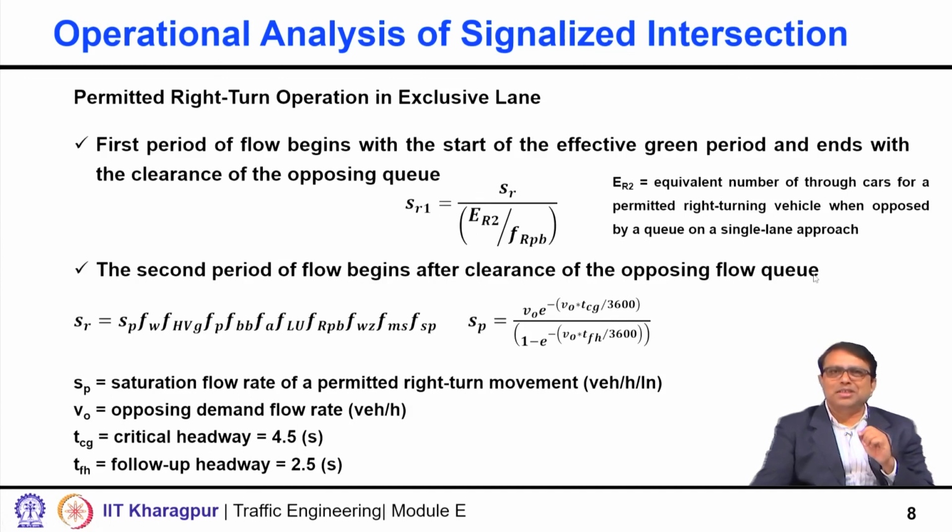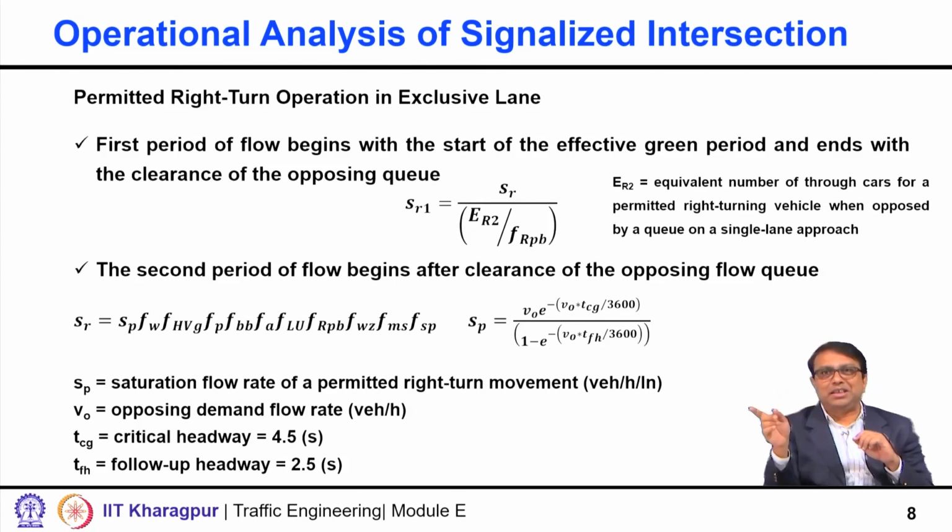The right turn equivalency is there, but that is under any condition when there is no other thing also, a straight going and a right turn vehicle, the equivalency will be different. But here ER2 indicates the equivalency for a permitted right turn.